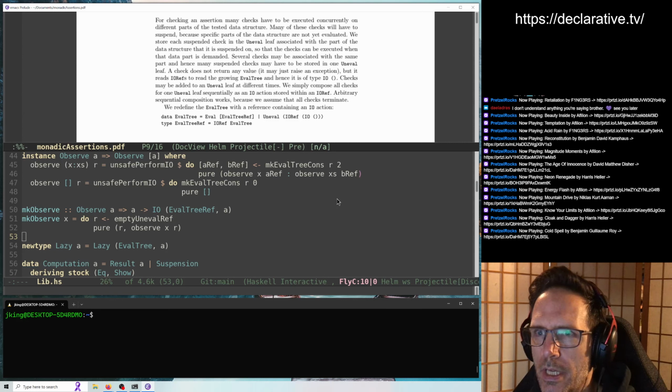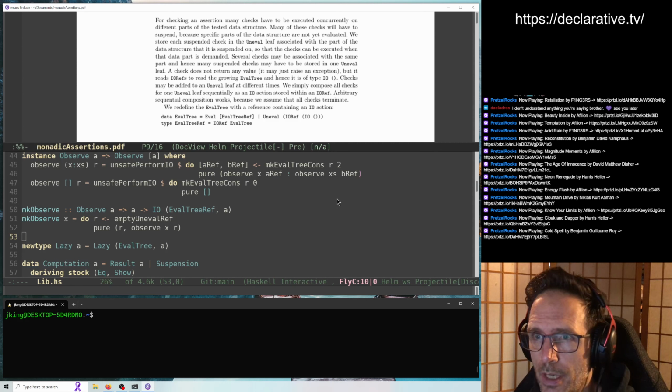We store each suspended check in the uneval leaf associated with the part of the data structure that it is suspended on, so that the checks can be executed when the data is demanded. Several checks may be associated with the same part. Hence, many suspended checks may have to be stored in one uneval leaf.